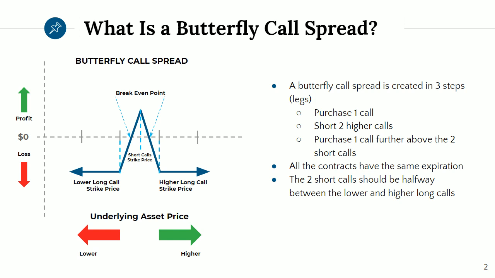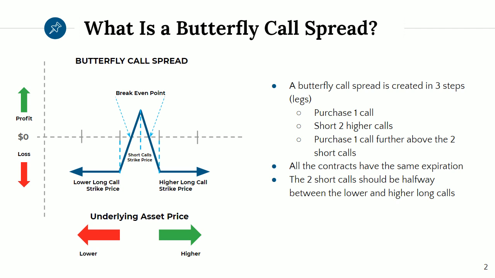Okay, first, purchase one call. We view these as ratios: 1, 2, 1. Obviously, if you want more than just one, this is going to be the ratio, 1 to 2 to 1, all right? So you purchase one call, then you short two higher calls of the same strike.